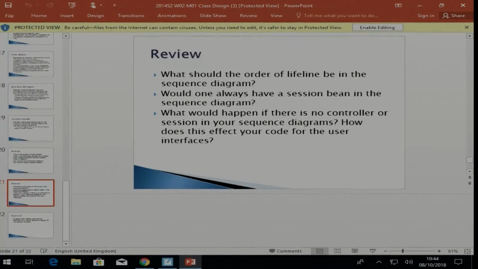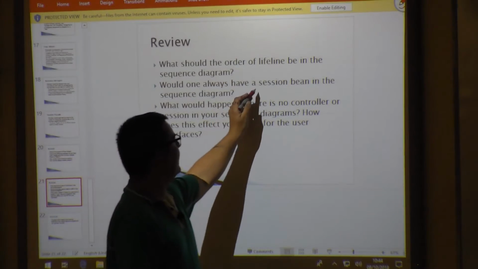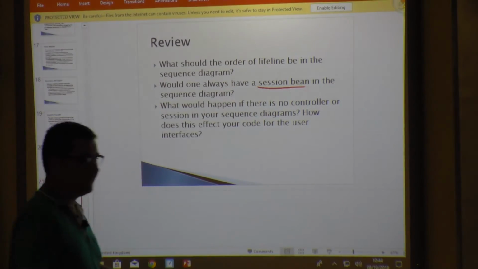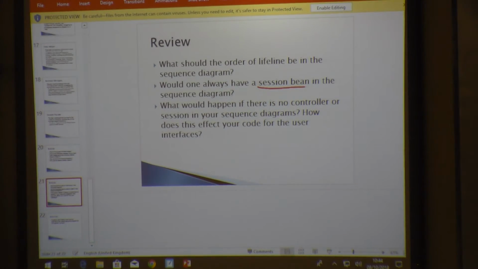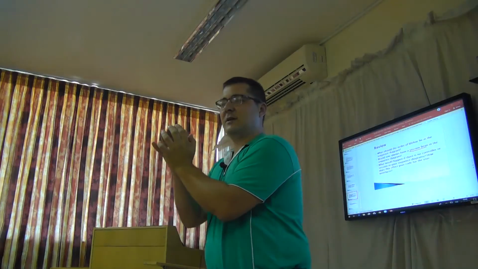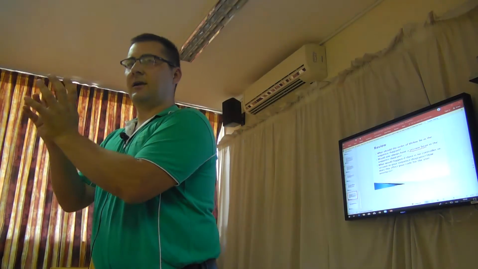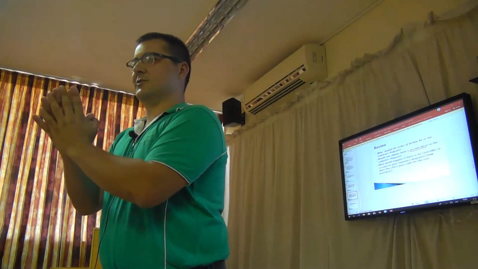So there are also a few interesting questions, these last two. Would one always have a session bean in a sequence diagram? What do we capture inside the session? What is that guy going to do? Do you also always need to have some session there, a class which can handle the business logic?